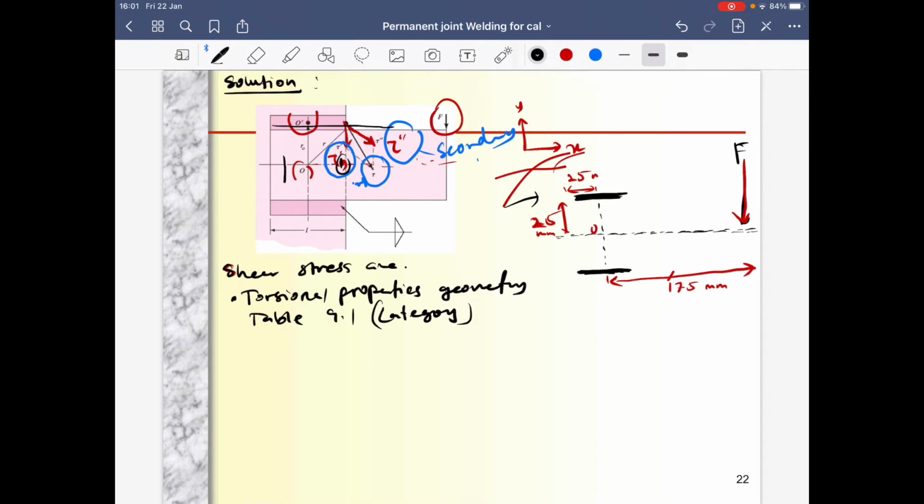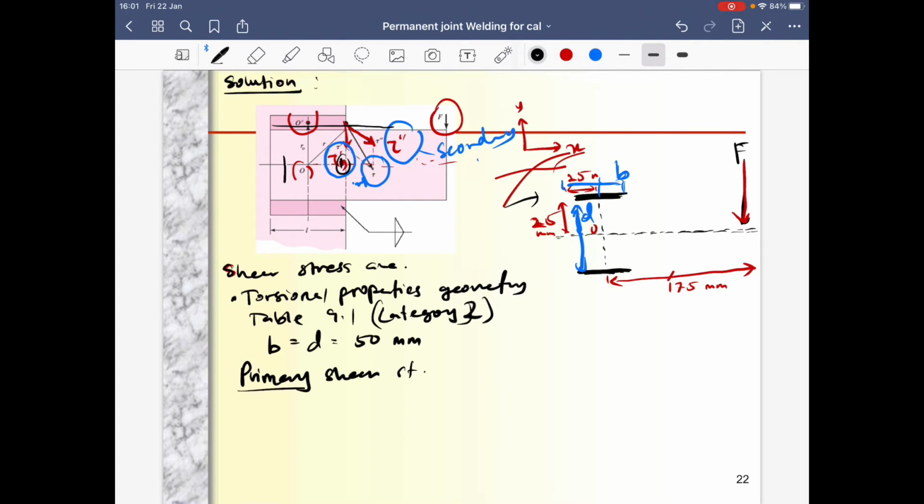So which category was it? Category 2. In category 2, we do have B and D, both of them are 50. Okay, now we start with the primary shear.